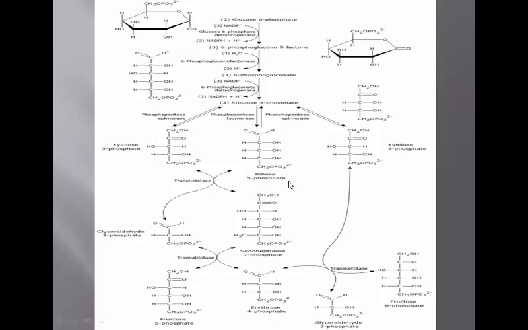Now come to the other molecule, the remaining molecule of xylose 5-phosphate. It again takes part in the reaction of transketolation, where its keto group is transferred to erythrose 4-phosphate.